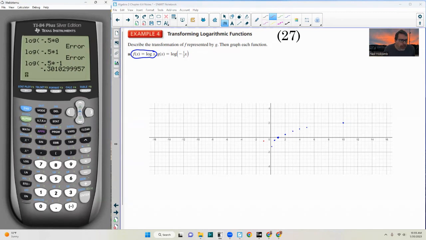So if I redo that, I'm just going to hit second enter and change that last number. So now if I make that 2, that's going to be 0. So that's right here. And second enter, bring it back and go to negative 3. And that's going to be 0.176. So right about here.